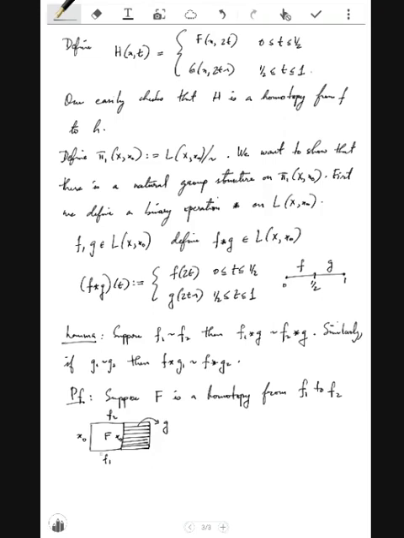So this combined thing will show that f1 star g is equivalent to f2 star g. So to write this homotopy explicitly is left as an exercise.